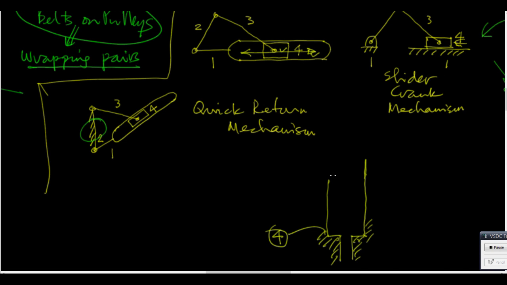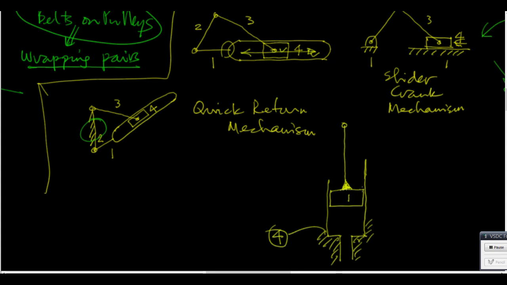So now 1 will be shown like this. What's the difference? 4 is connected to 3 and there is a hinge between 4 and 3, but 1 is extended by a rod which does not have a rotary degree of freedom here. So this 1 is connected to a rod which is welded here and it has a hinge there.